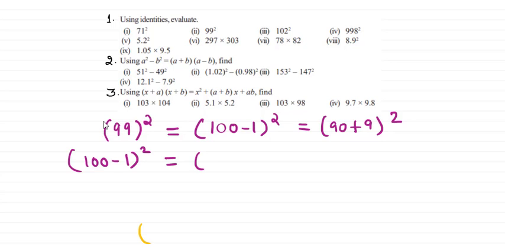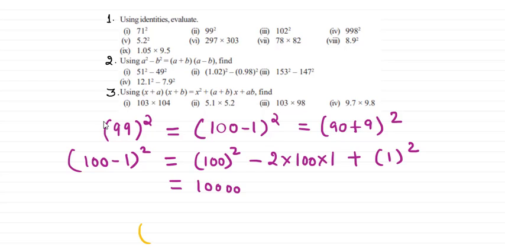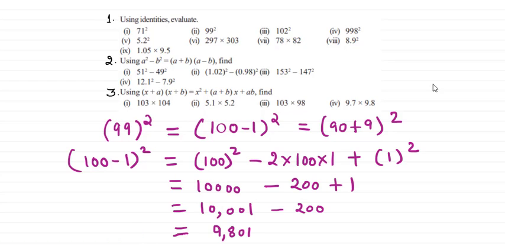You know that this can be written as square of the first one minus twice of the first term into the second term, plus square of the second one. So here it will be 10,000 minus 200 plus 1. You can simply write it as 10,001 minus 200, and that will give you 9,801. So like this you can do the sums.